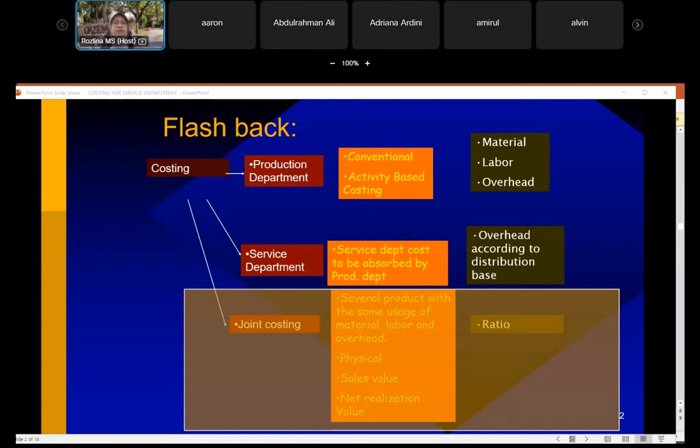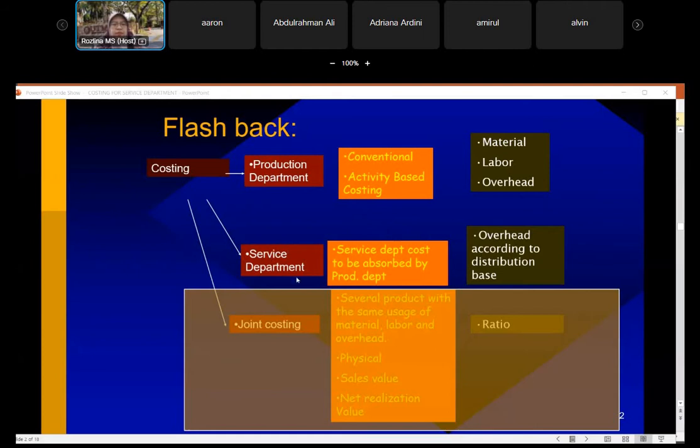Okay, today it is maybe simpler than this part on the production department, the ABC and conventional. But you have to observe and absorb carefully.